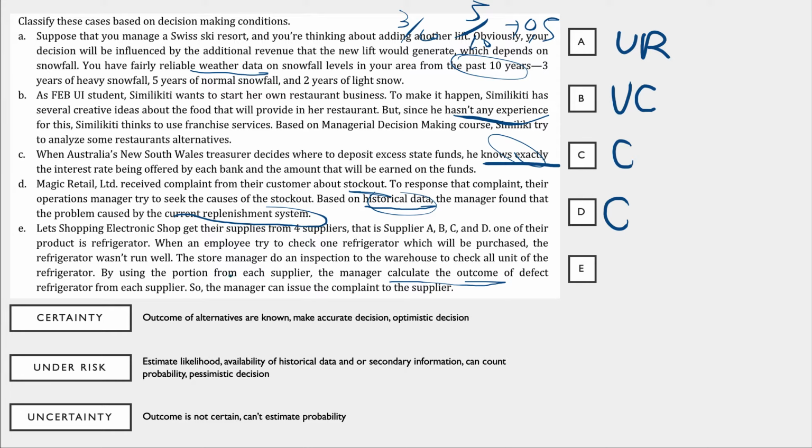By using the portion, the manager used the chance of probabilities to calculate the outcome of the defective refrigerators. Because there's a calculation here, we can use probability. The answer for question E would be under risk.